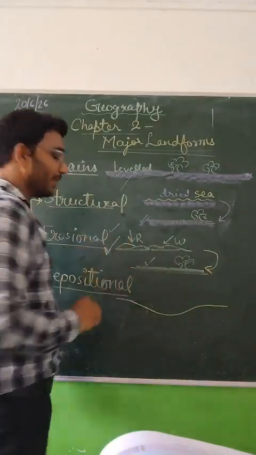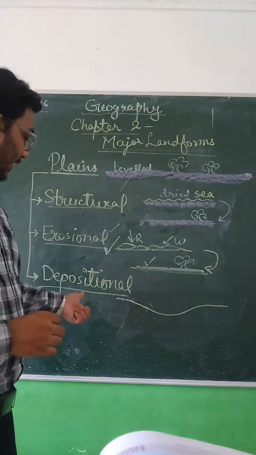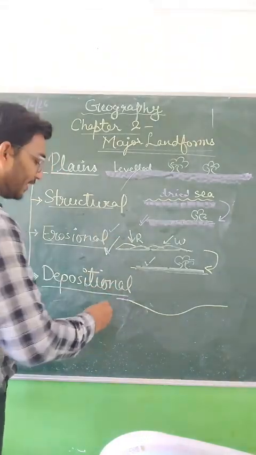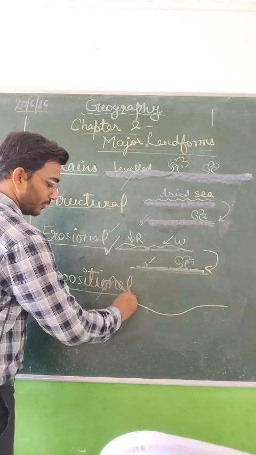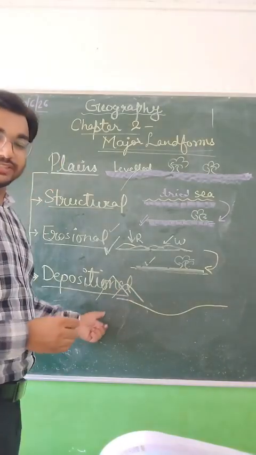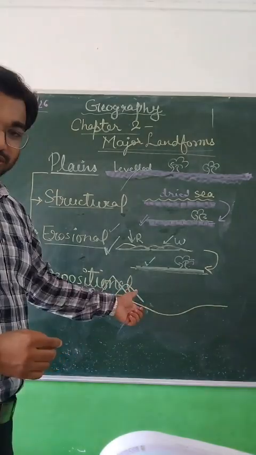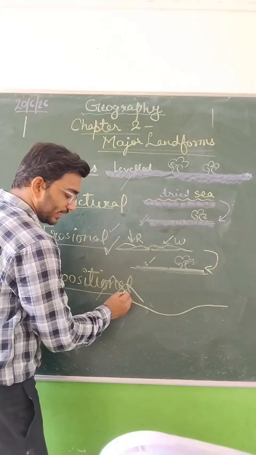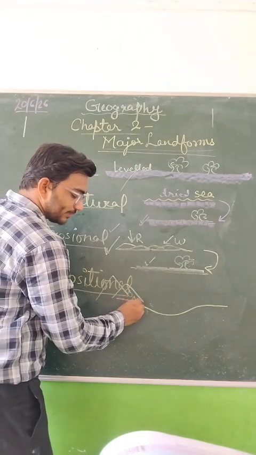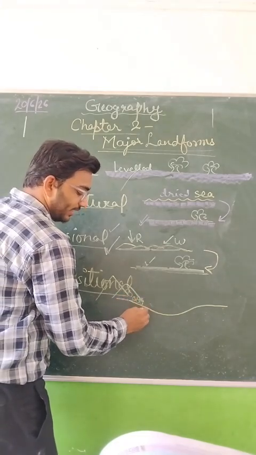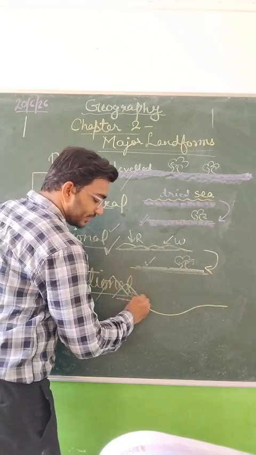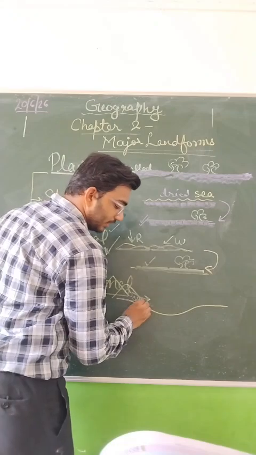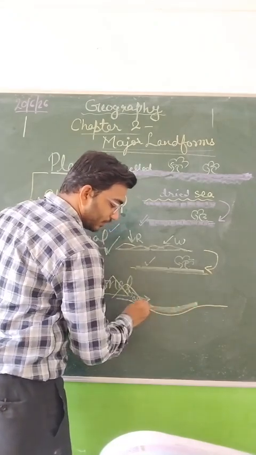Now the third one, depositional. I think it would be quite easy. Depositional plains are formed when erosion and deposition take place together. For example, rivers from these mountains are bringing rocks, mud and silt, and these rivers are depositing this mud into this kind of depression.